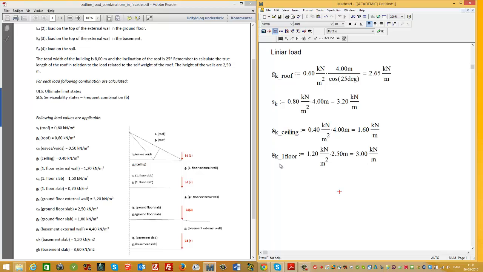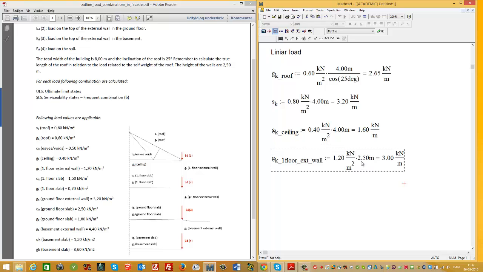So I can conclude from the self weight from the external wall on the first floor that is 3 kilonewton per meter, or 300 kilogram per meter. It's the external wall.